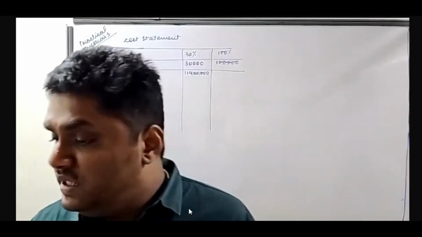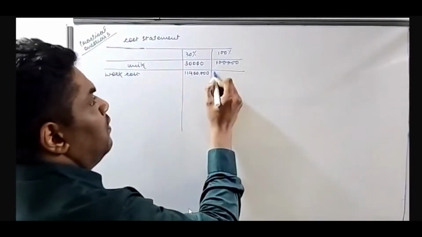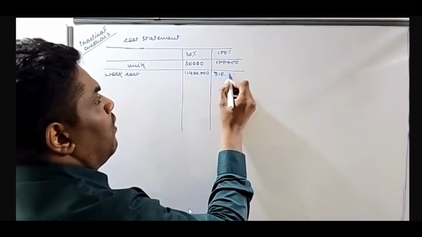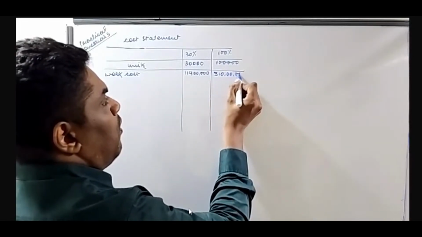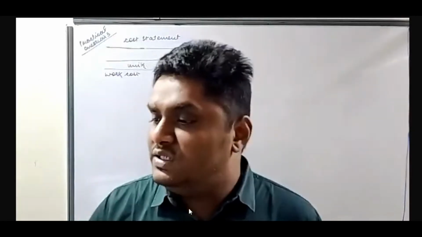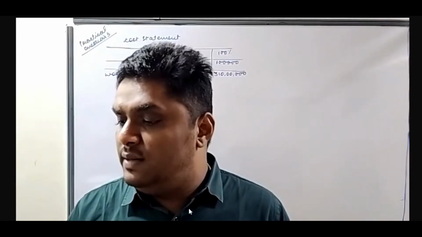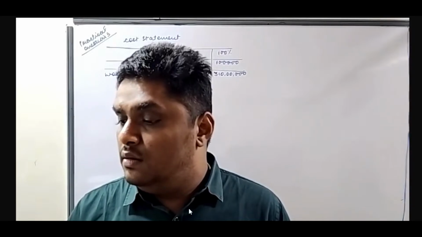And at 100% capacity, my cost is only 310. So my work cost is available and it is given in the question. If you guys have any doubts till now, you guys can please post your queries.